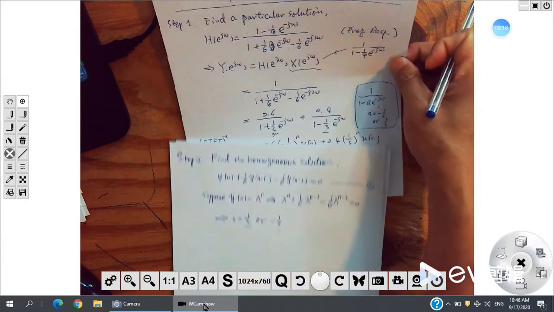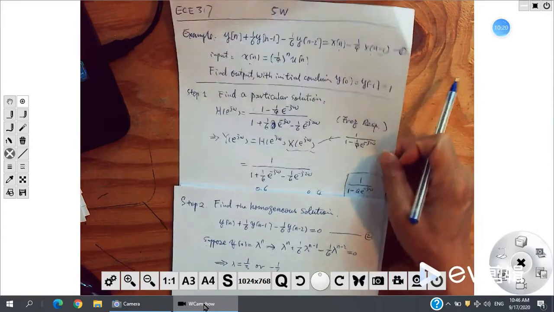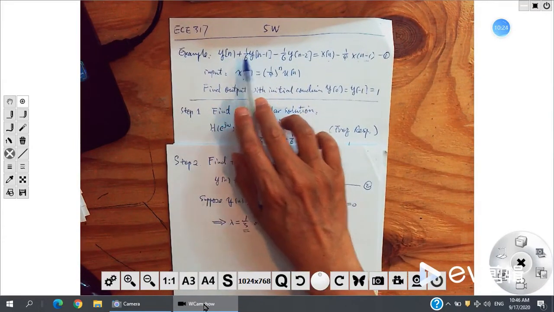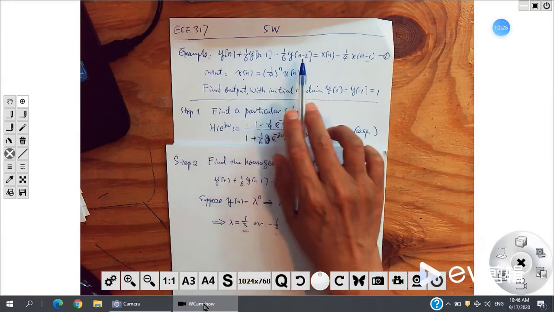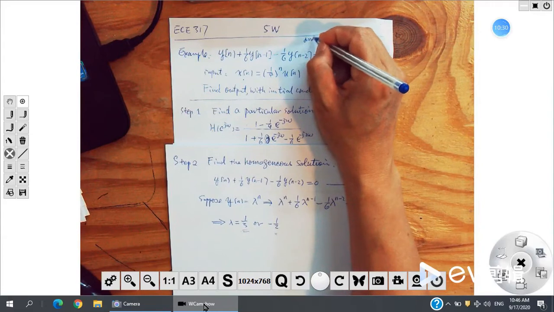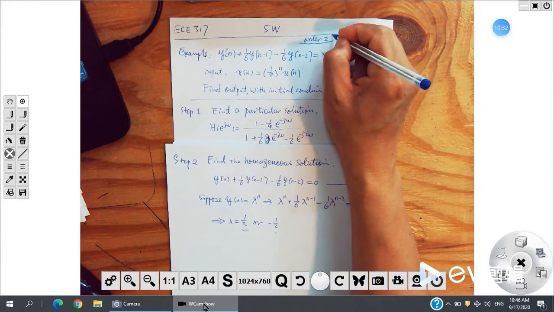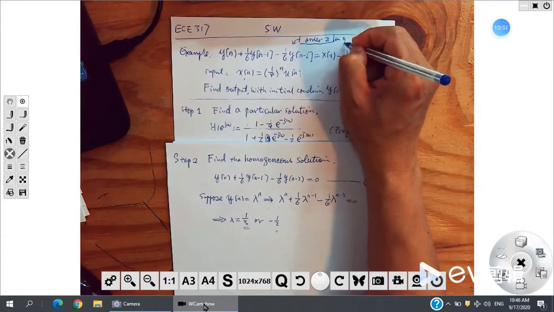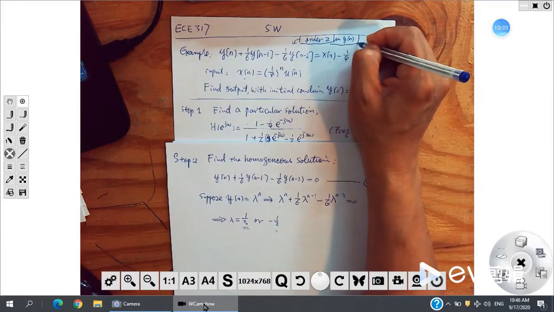If the system has higher order, like here I have the system y, the order is 2. It's order 2. Second order system, right? Order 2 on y.